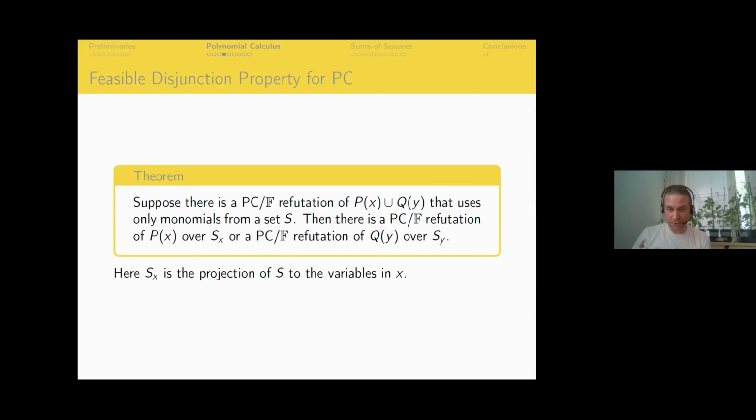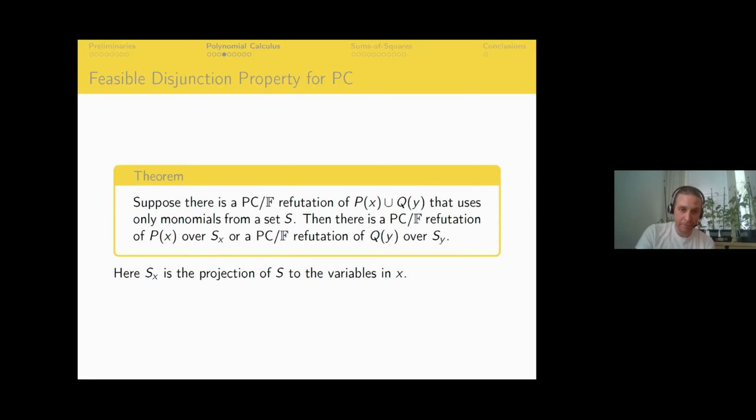So the projection of a monomial to the X variables is just the product of all the X variables appearing in the monomial, just disregarding the Y variables. Okay. Or then we have a refutation of the right-hand side over the projection to the Y variables.